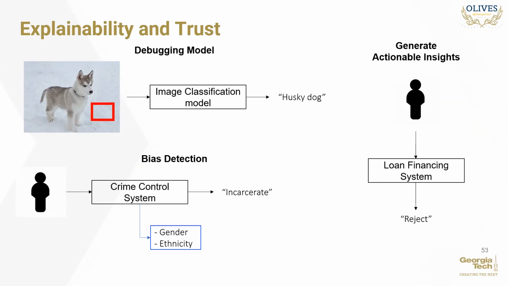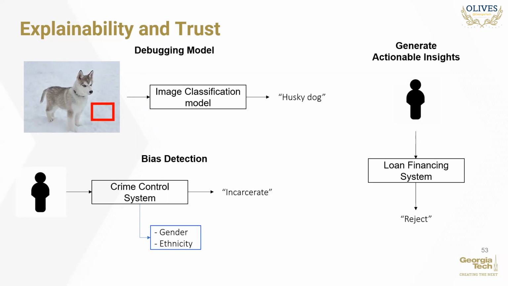And I have here 3 different examples showcasing that, where having an explainable model can lead to more trust. So firstly, having explainability can allow us to debug a model architecture. You have an image of a dog here that you put into an image classification model to get a prediction.